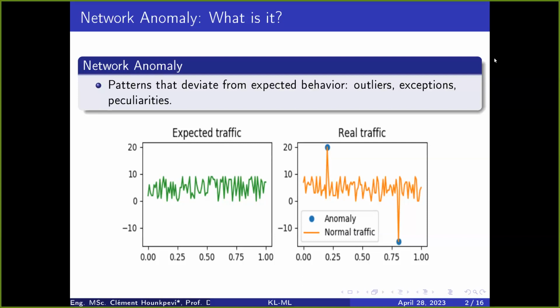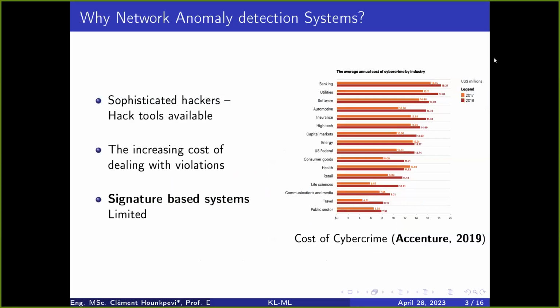Now that we know what a network anomaly is, let's answer the question of why we need to study network anomaly detection systems. First, today there are more sophisticated attackers, and the tools to hack are available everywhere. The second reason is the increasing cost of dealing with violations created by cybercrimes. On the right side, we can see a publication of Accenture in 2009. According to this publication, this cost has increased drastically from 2017 to 2018.